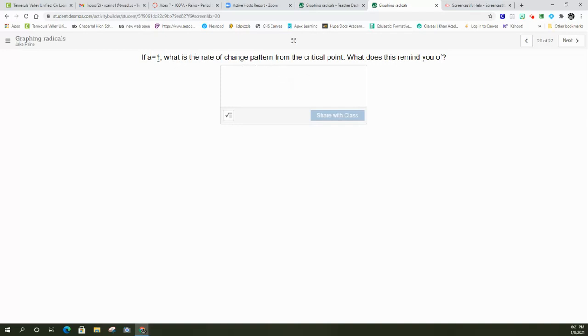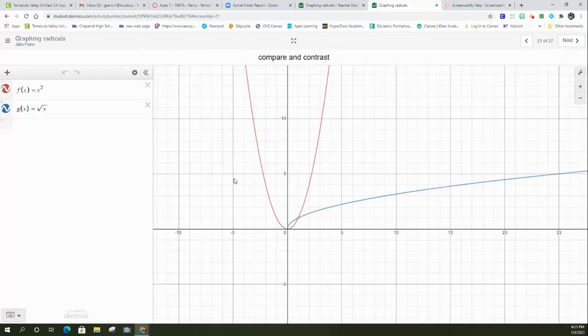If a is 1, the ups will change if the a changes. So it could be up 2 over 1, up 2 over 3, up 2 over 5. So if the a's change, you can see it here. There's a better way for me to explain it.